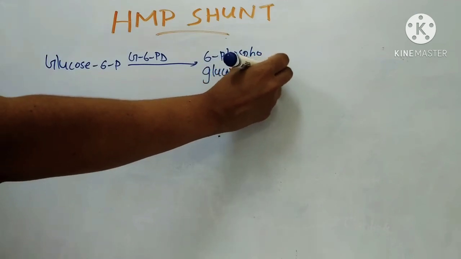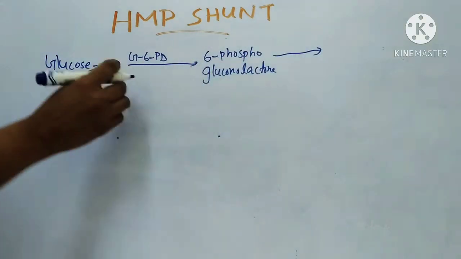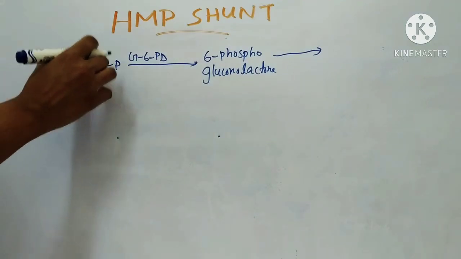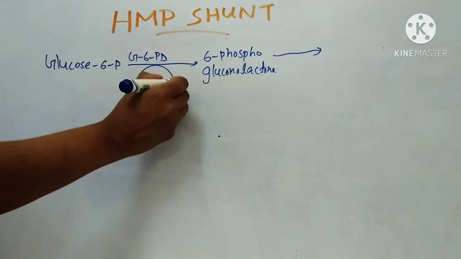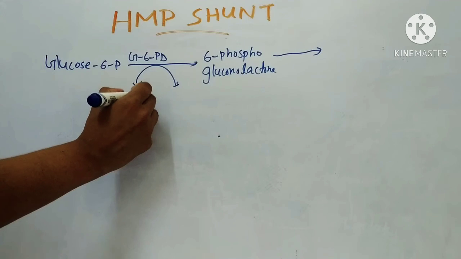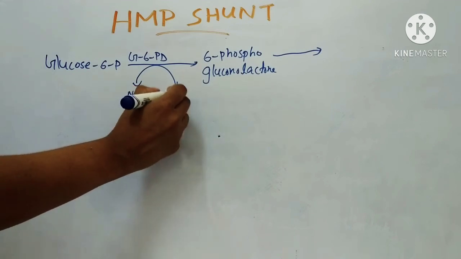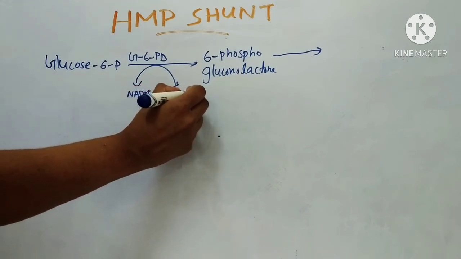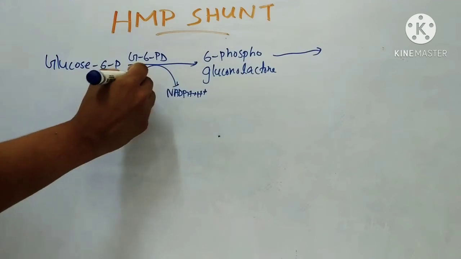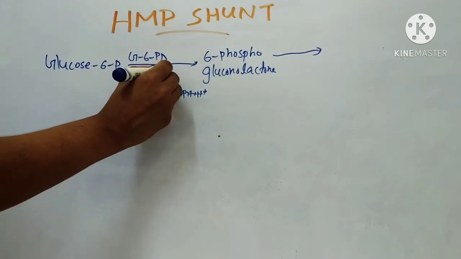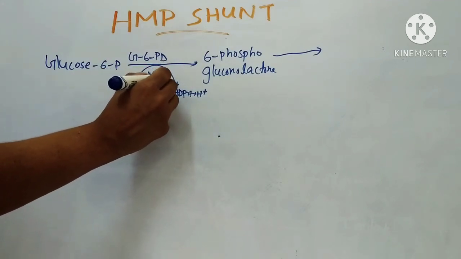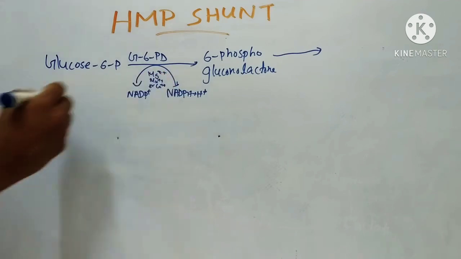Here NADP plus is converted to NADPH plus H plus, and it needs Mg plus plus, Mn plus plus or Ca plus plus.